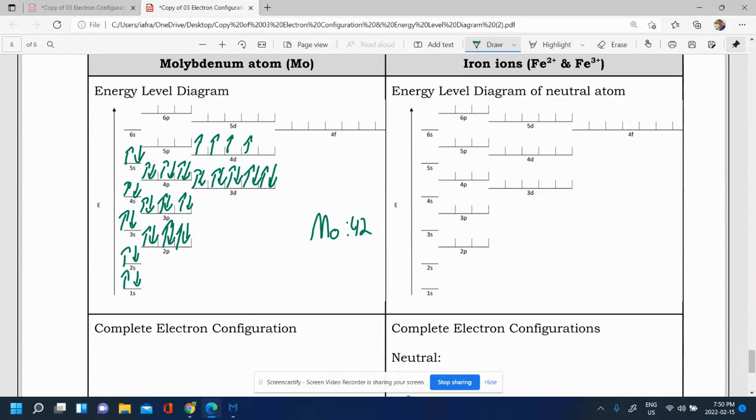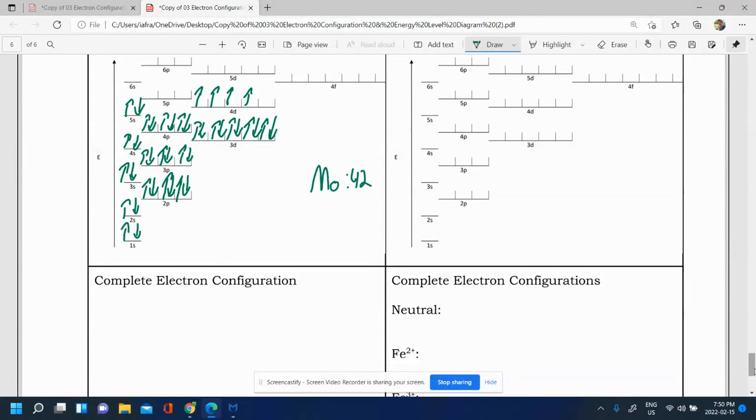And so if you look at this carefully, you would think that the electron configuration, based on what you drew here, is going to be, so predicted, this is what we predict here, predicted: 1s2, 2s2, 2p6, 3s2, 3p6, 4s2, 3d10, 4p6, 5s2, and then 4d4.